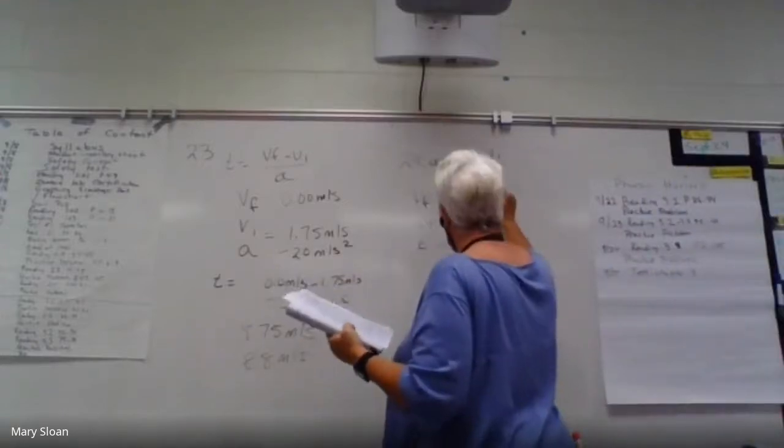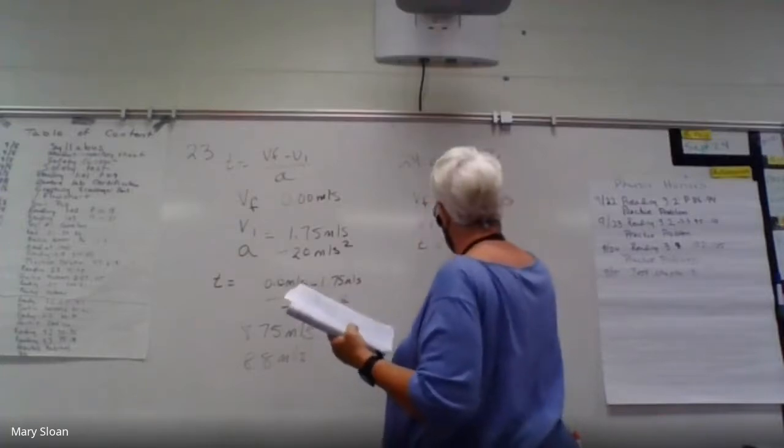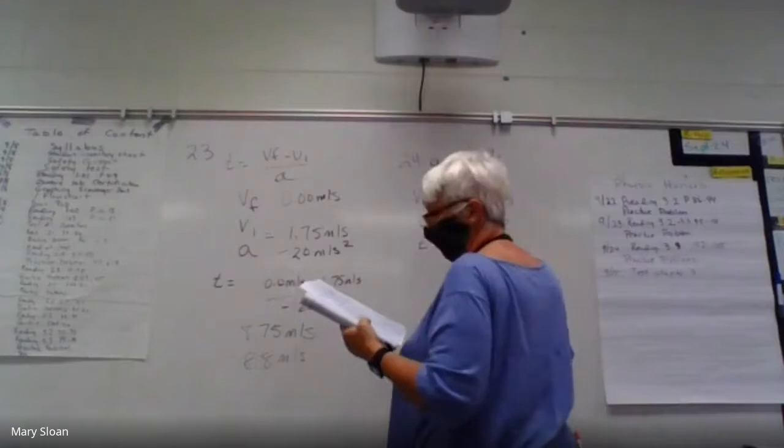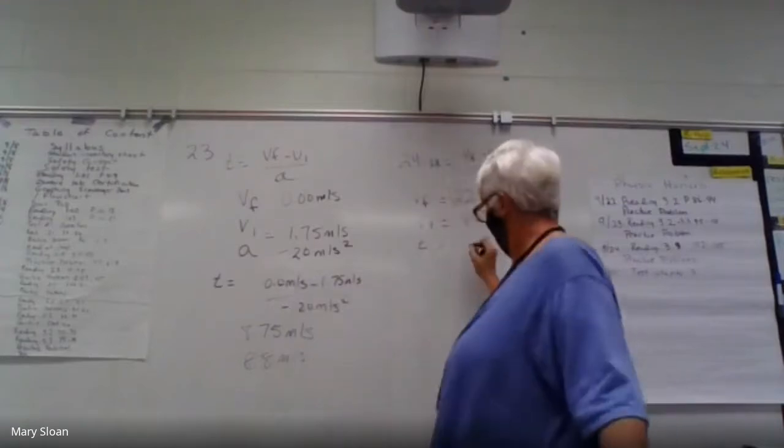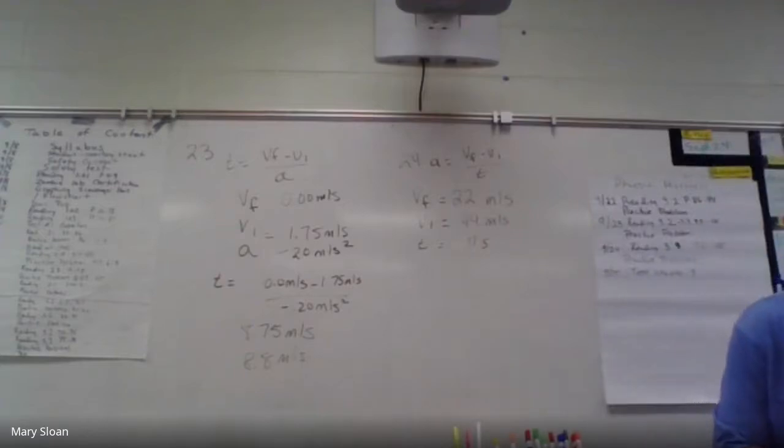Here's our problem. So what makes the velocity initial? 44. It's the wording. What's my time? 11. Okay. So let's look at it again. A car travels on a straight track with a forward velocity of 44 meters per second.